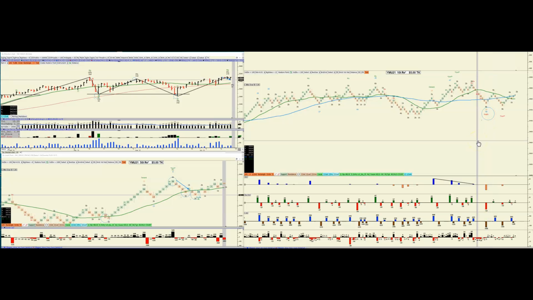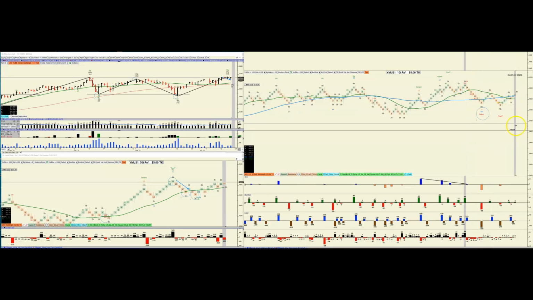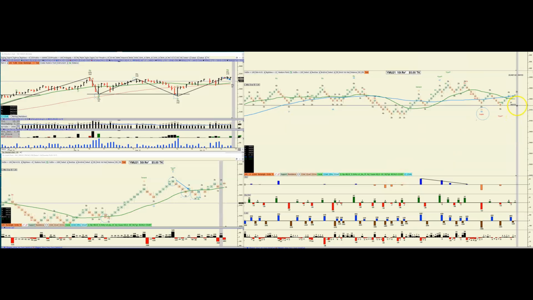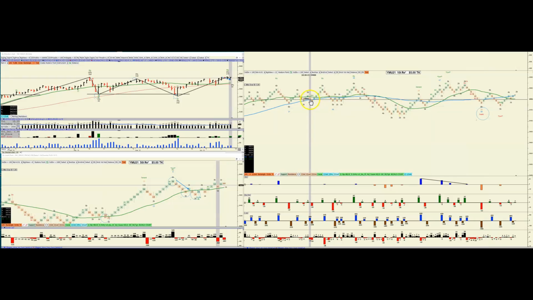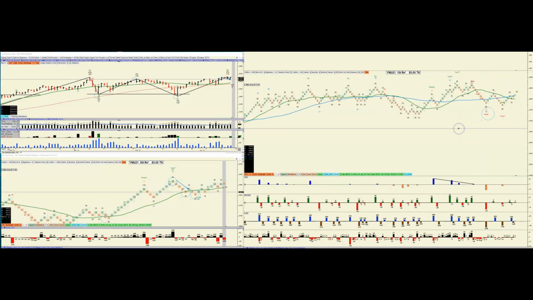So is this the type of action you want to see near resistance? Obviously not. So the probabilities favor a downward move, but whether they favor a downward move or not, you have to think in terms of 10 trades, not one, which means this one, anything can happen. But in 10 trades, this setup where supply, up thrust, and so on, it's going to work more often than not. That's thinking probabilities.